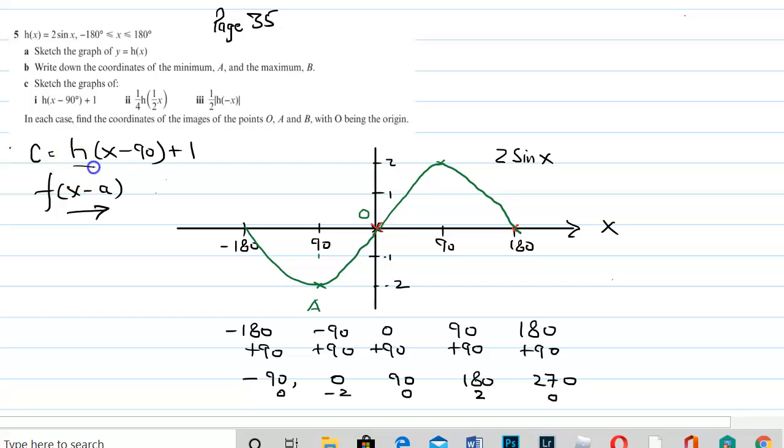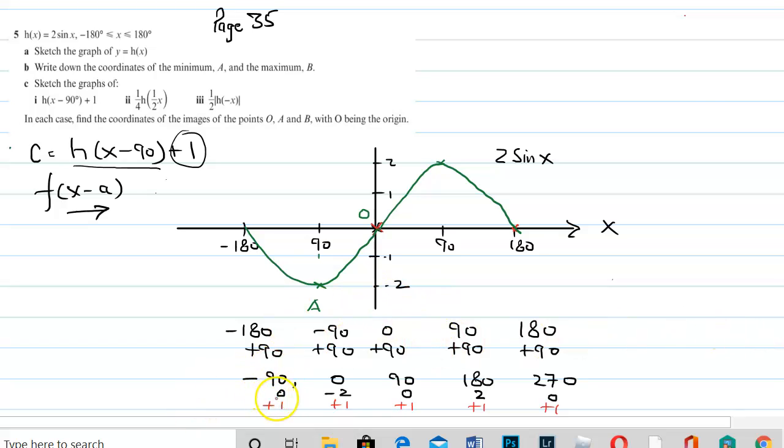This is the transformation for h(x minus 90). Now one thing is there, it is having +1 also. So it means whatever is the value of y, we will add 1 to it. So +1, +1, +1, +1, and +1.